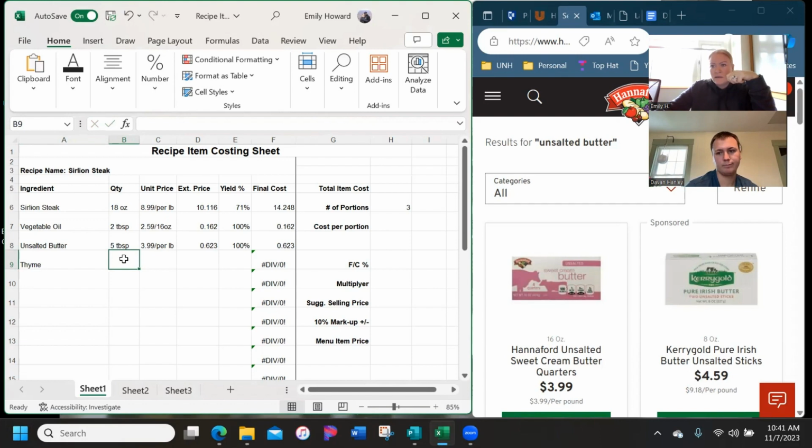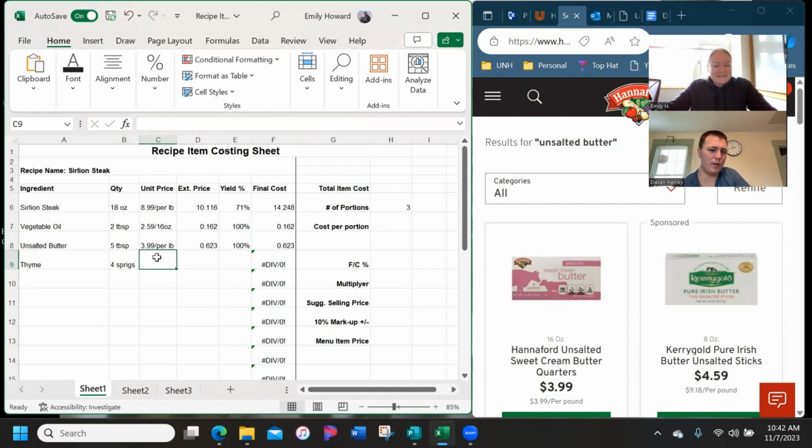I'm actually just putting sprigs into the, yeah. So your quantity would be 4 sprigs. It sounds so weird, like saying it, sprigs. I know. Like, what's a sprig?